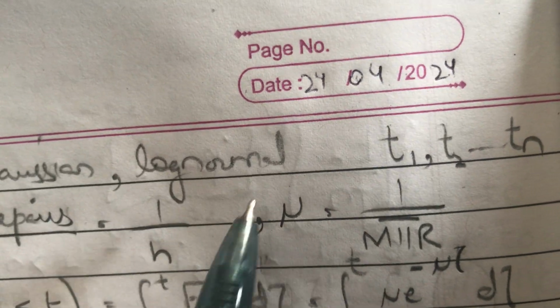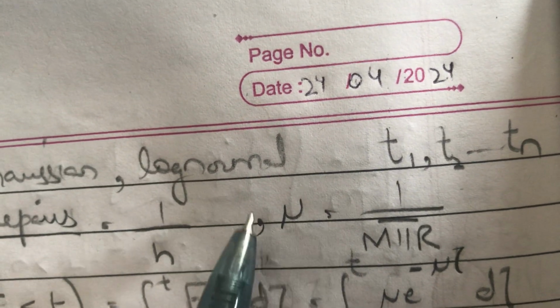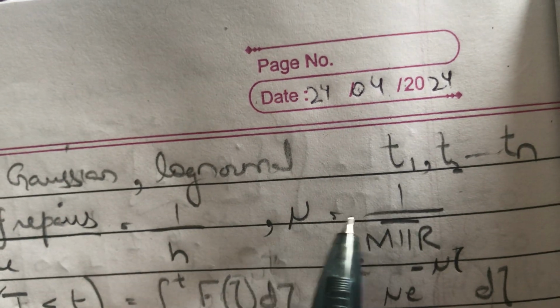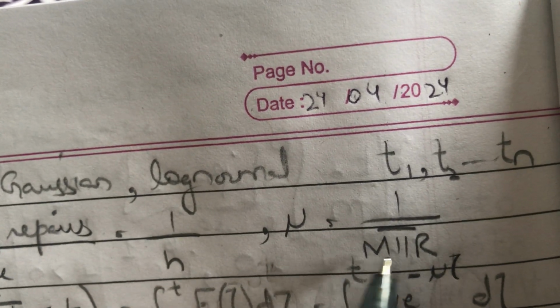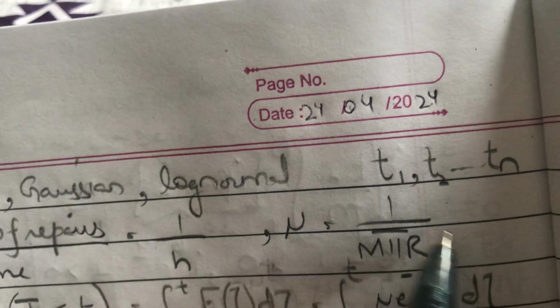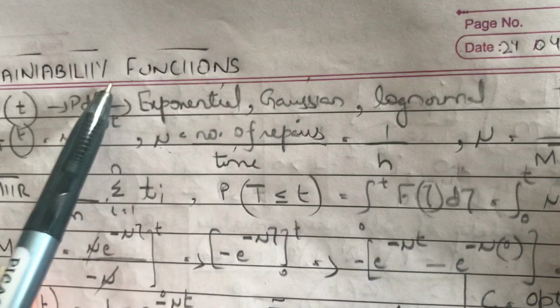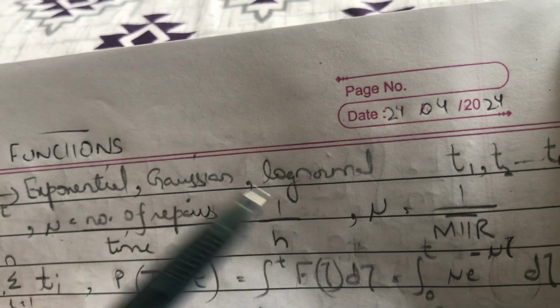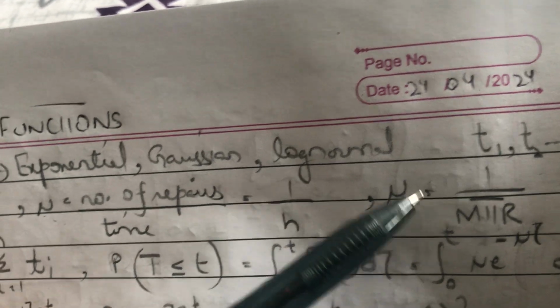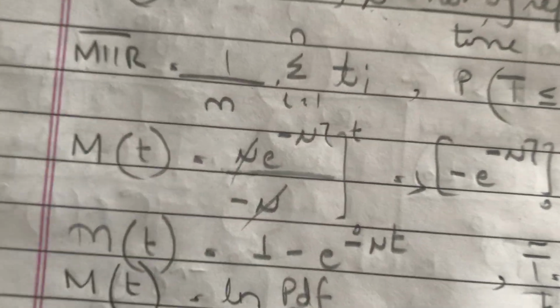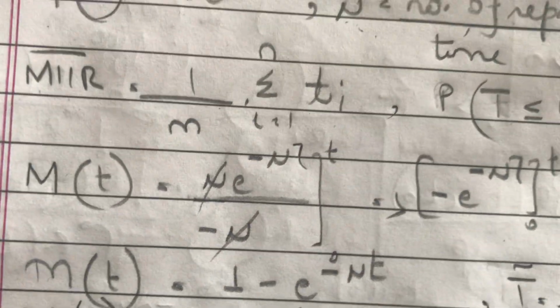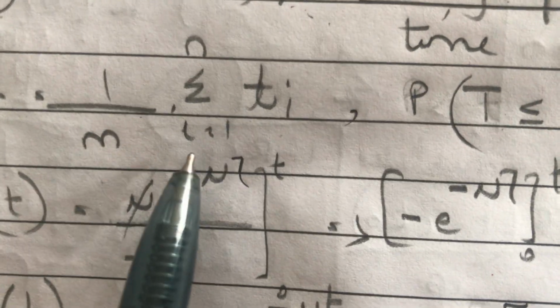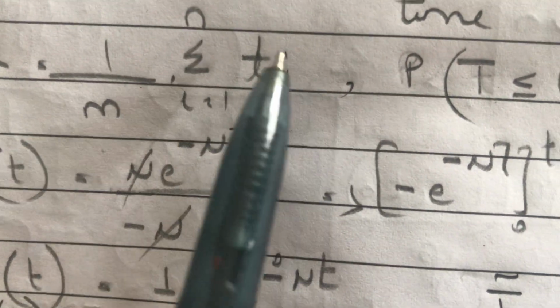You remember in our Markov chain, in our availability function, we took mu as 1 over MTTR, 1 over mean time to replacement, because we are talking here about replacement. Maintainability is basically the replacing of a failed component. So that's why we are taking these terms here: mu and MTTR, where MTTR is 1 over m, sigma i going from 1 to n, of t_i.